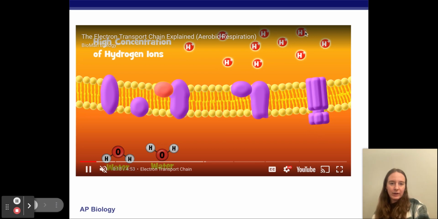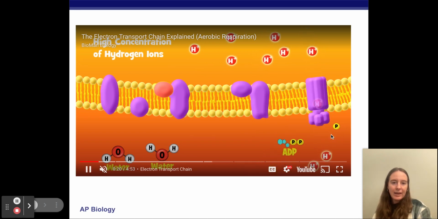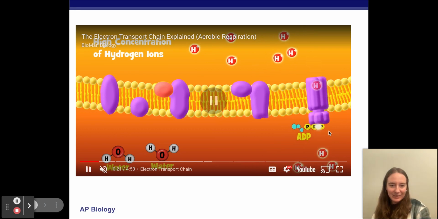So notice here that our hydrogens are now going to be shuttled through this enzyme called ATP synthase. Synthesis means to make. We're trying to make ATP. And our hydrogen ions are going to be diffusing down their concentration gradient. And this process is going to supply energy here. We got this phosphate group that binds on here.